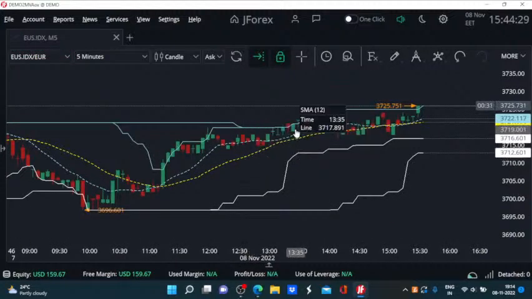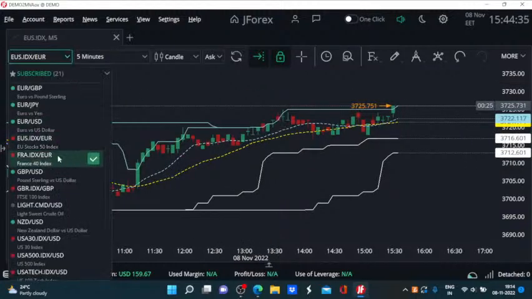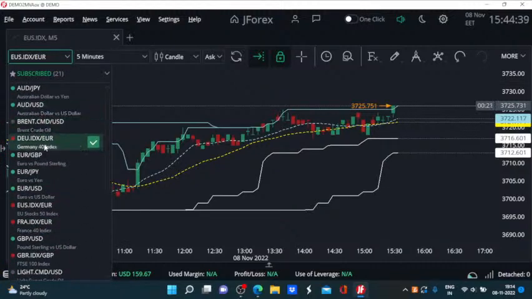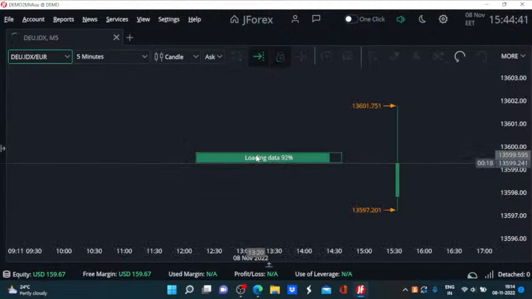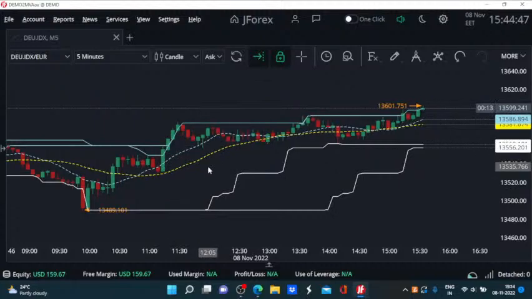For EU Stock 50, the high came a bit late, so the first preference still remains the FTSE 100. And for the DAX, the momentum has been similarly bullish, but it also is showing some lag compared to the FTSE 100. So for the equity side, the best bet remains the FTSE 100.